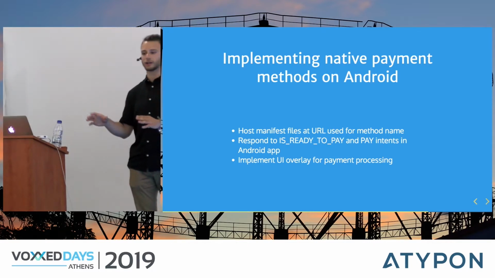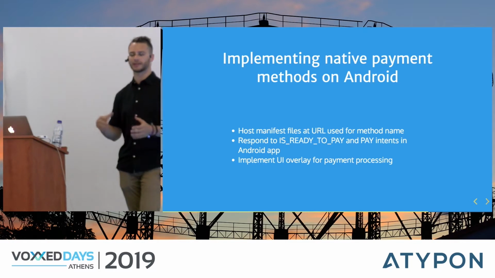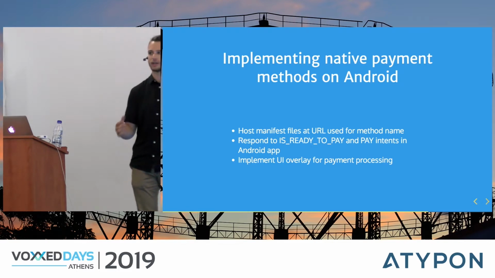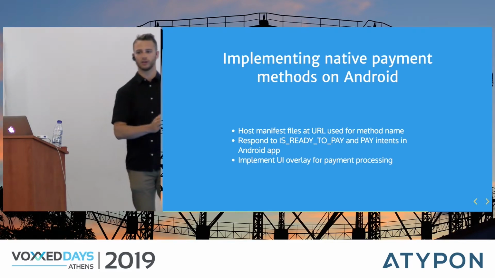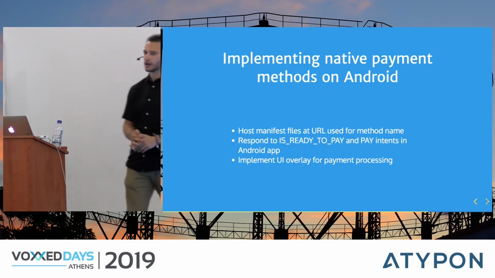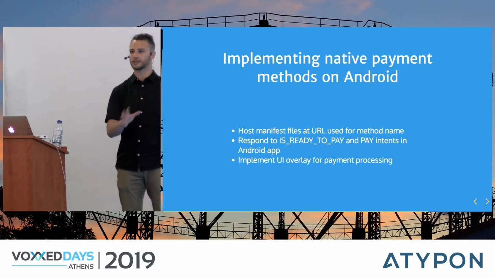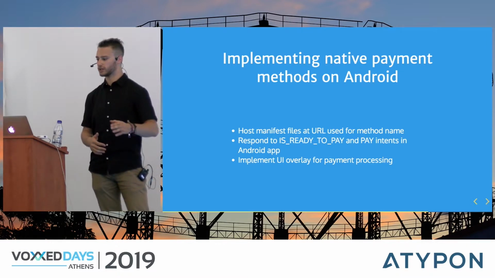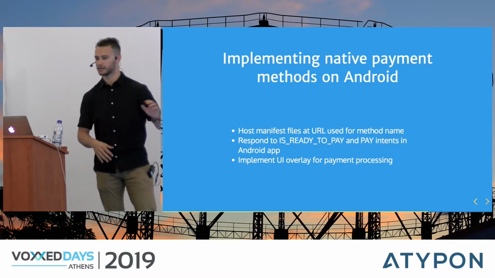At that URL should be a manifest file. That manifest file will define some security attributes about which native Android apps can use that payment method. And then in the native Android app itself, you have to respond to the is ready to pay and pay intents.